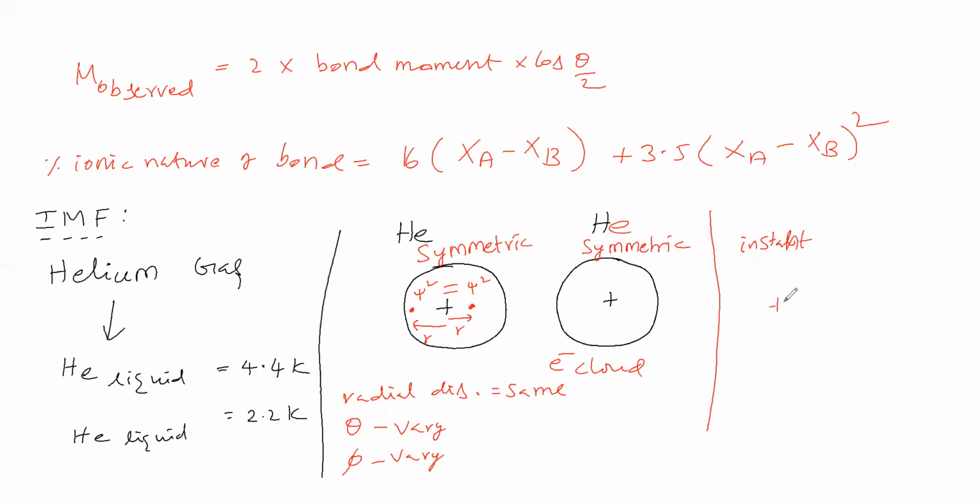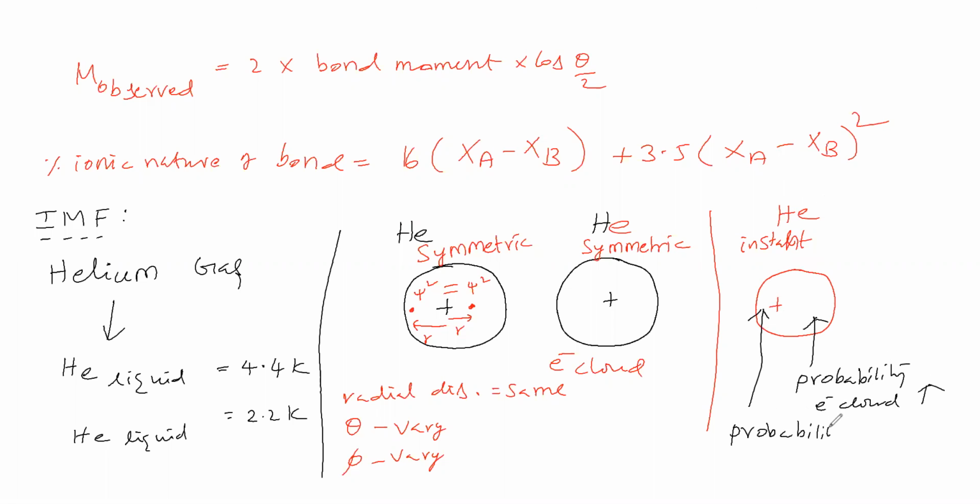what happens is, there is a nucleus and the electron cloud comes like this. At a given instant for this helium, the electron cloud becomes like this. On this side the probability of the electron cloud becomes high, and on this side the probability of the electron cloud becomes low at a given instant.